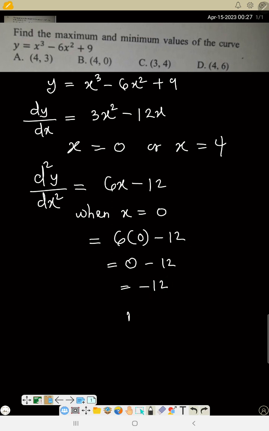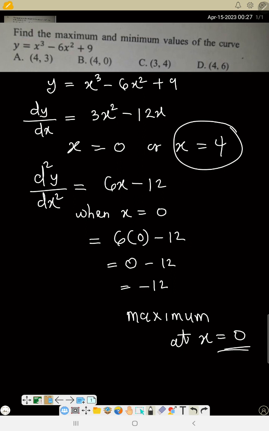So the point is maximum at x equals 0. So at x is 0, the point is maximum. I may not bother to do this for the other, because it will be minimum, but if you do it, you should get positive.